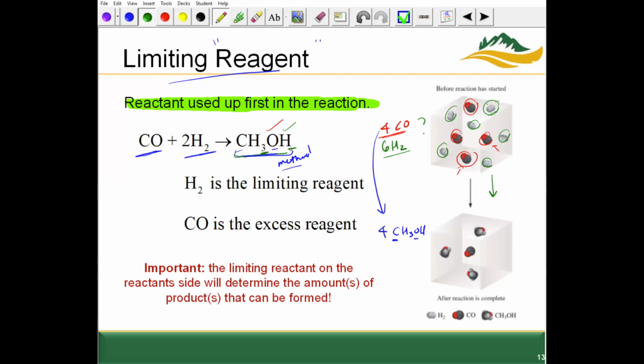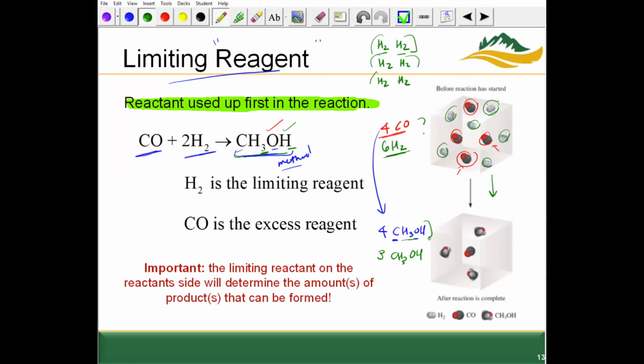So we need 4 H's for this end product. That's 2 H2s. In total, we have 6 H2s. So for every 1 molecule of the product, we need 2 H2s. That means that 6 H2s would only technically make 3 of this product.